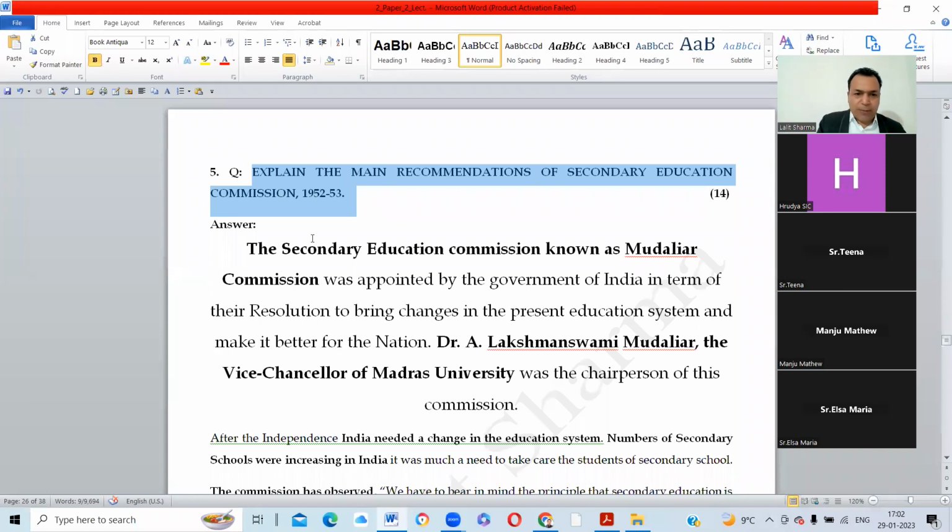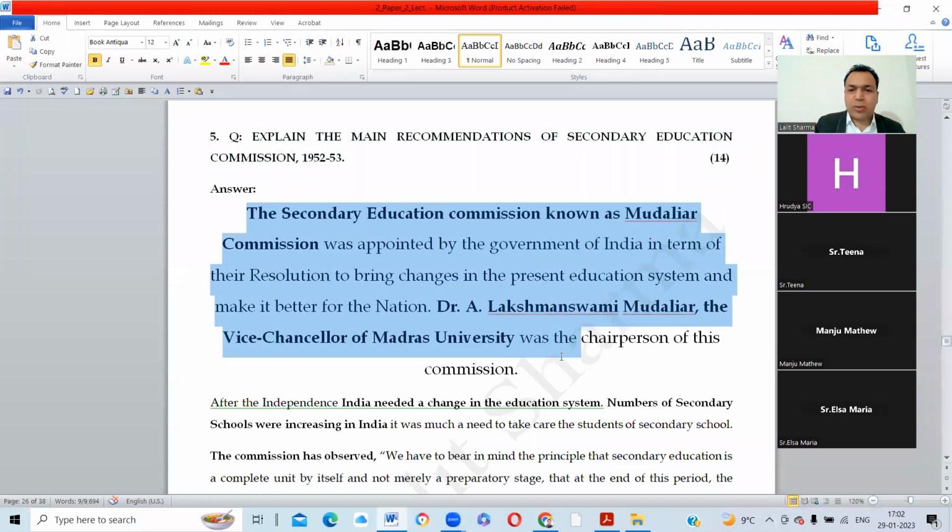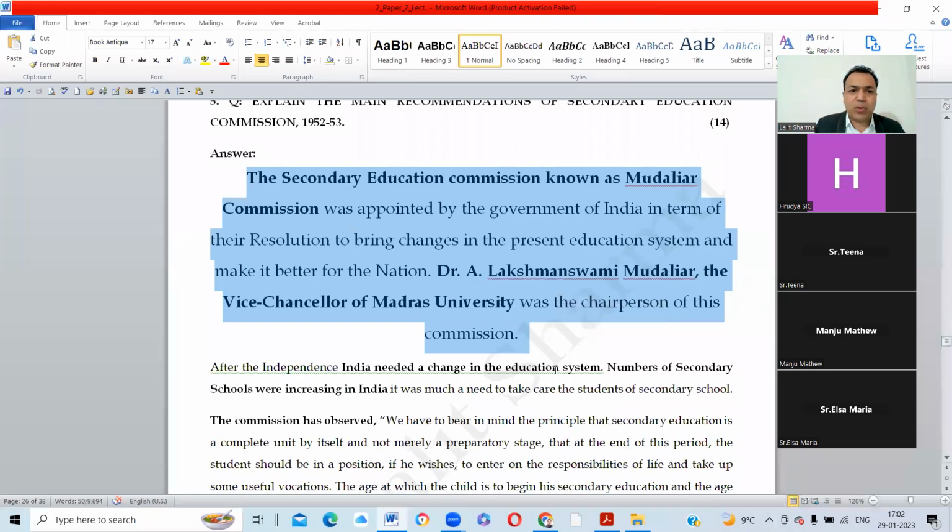So here you have to note that this commission, the Secondary Education Commission, is also known as the Mudaliar Commission, right? The Secondary Education Commission, also known as the Mudaliar Commission, was appointed by the government through a resolution to bring change in the present education system and make it better for the nation.